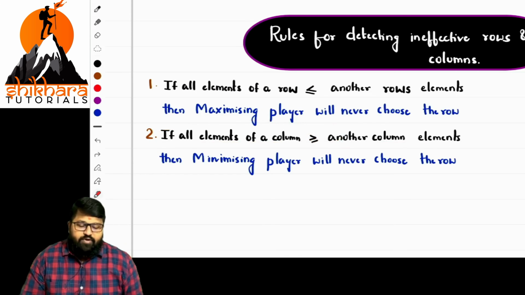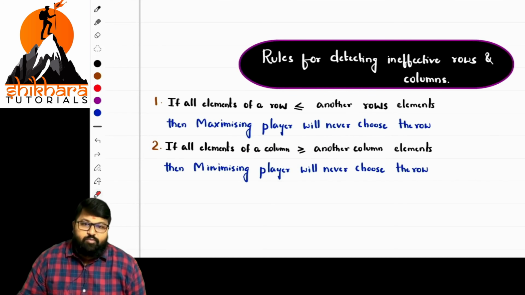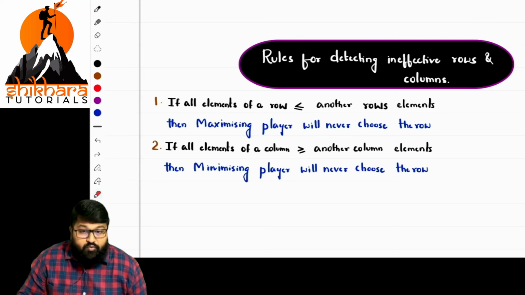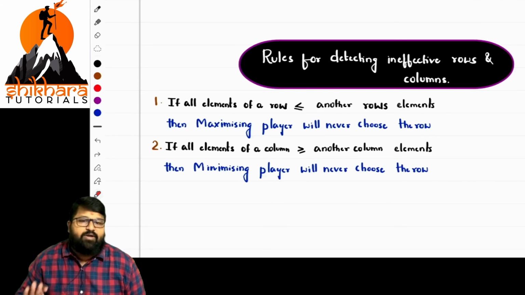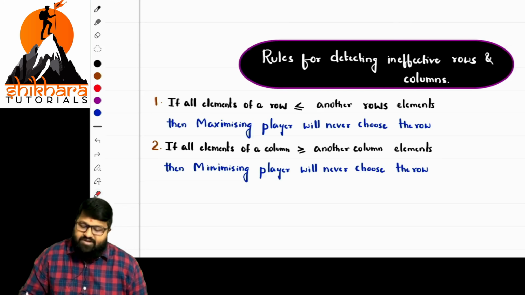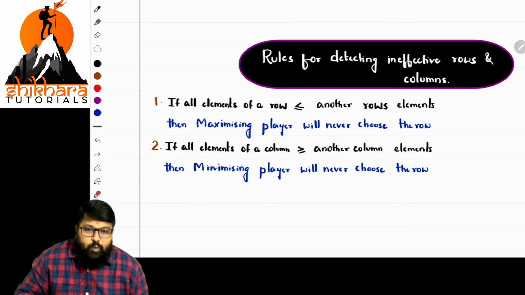Sir, what are the rules of detecting ineffective rows and columns? In the case of the dominance rule, this selection is most important. In the case of rows, what should we do, sir? We have to identify the row with the least values, and that will be eliminated. Am I clear? Okay, fine. Then what about columns, sir? In the case of columns, we identify the elements having more value.